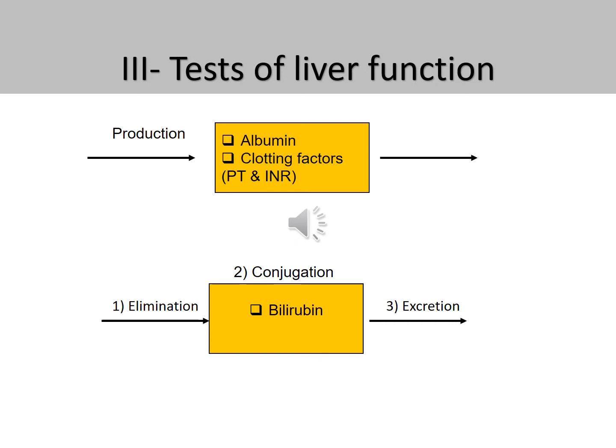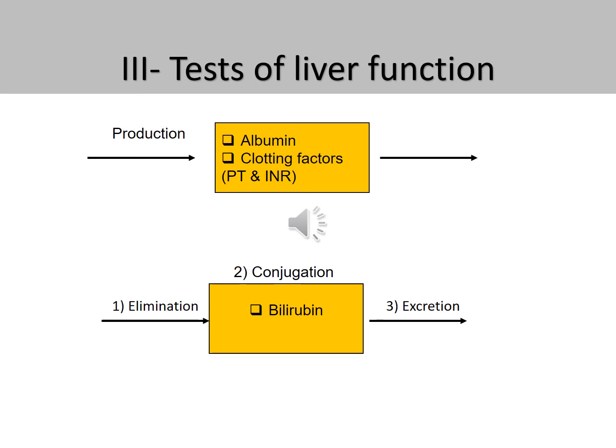It synthesizes the serum albumin, so assessment of serum albumin level is a good indicator of liver function. Also, the liver cells produce the clotting factors, so assessment of prothrombin time or INR is another important indicator of liver synthetic function.